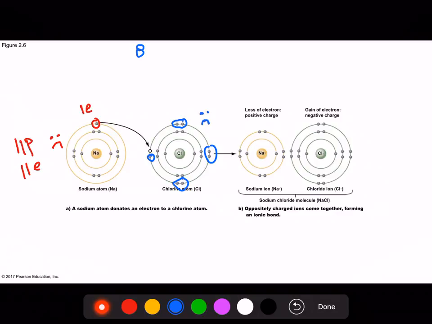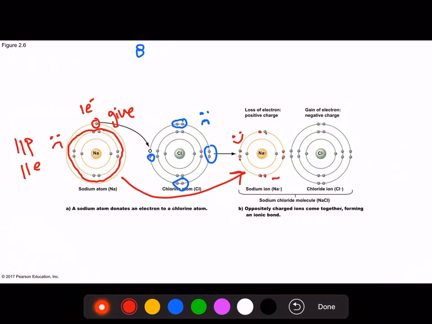Now this sodium, in order to be happy, as we said, needs 8 electrons in its outermost shell. So it's going to give up this electron. Let's get rid of it. And if it gets rid of it, it will turn into a happy atom with 8 electrons in its outermost shell.